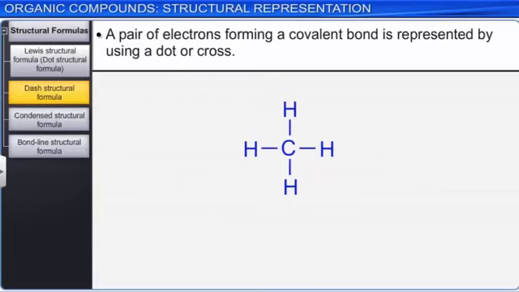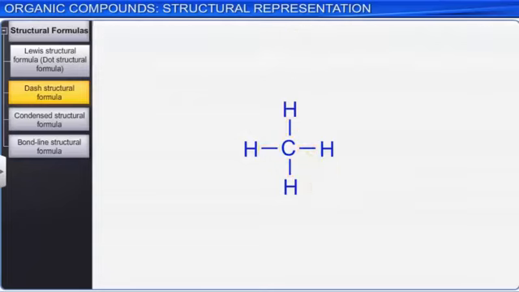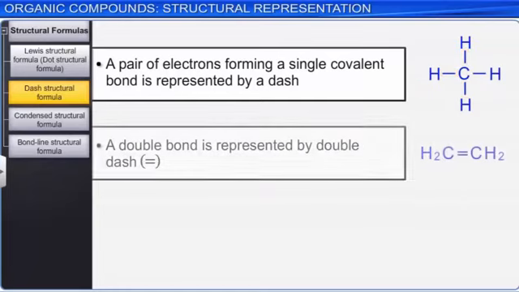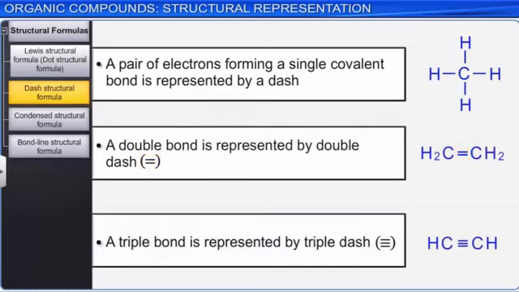This simplified representation is called dash structure. Thus, a pair of electrons forming a single covalent bond is represented by a dash. A double covalent bond is represented by a double dash, and a triple covalent bond is represented by triple dash.